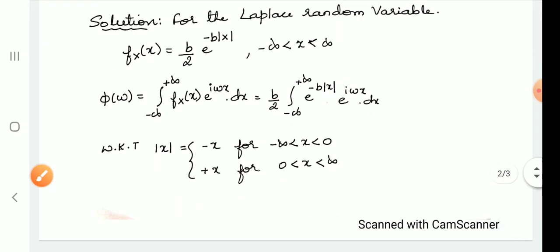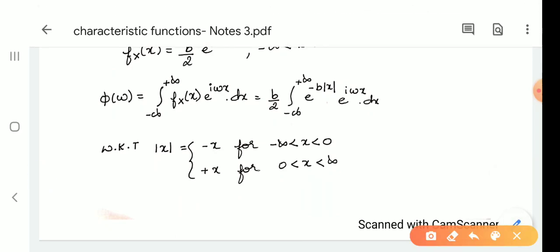we will split this mod x as mod x becomes minus x in the interval minus infinity less than x less than 0. Mod x becomes plus x for 0 less than x less than infinity.